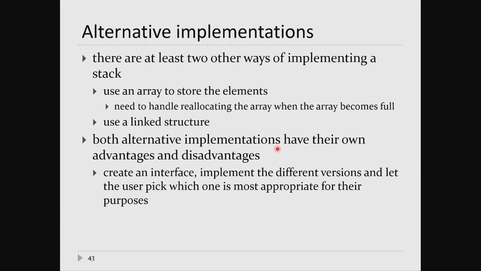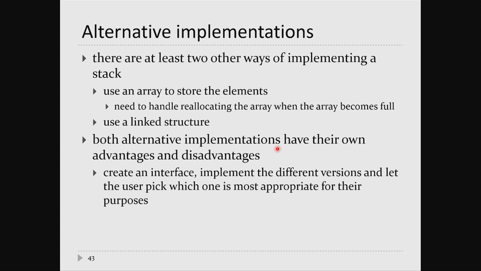Now, all of these implementations have their own advantages and disadvantages. Well, that's not exactly true. The advantages and disadvantages are very small in this example. They're going to become much bigger when we talk about lists. But for stacks, they are relatively small. Still, the three different implementations have different trade-offs.